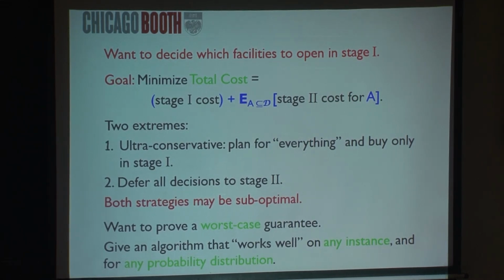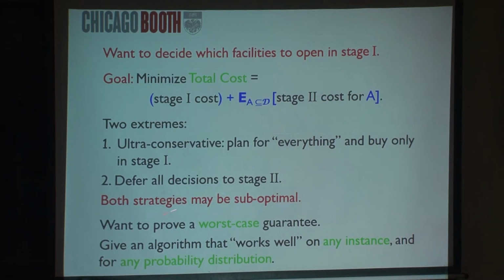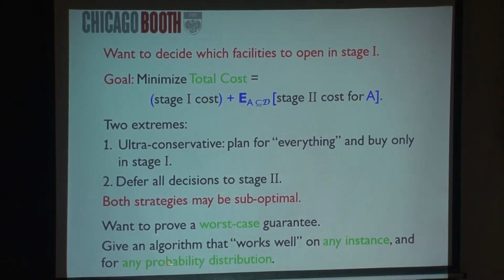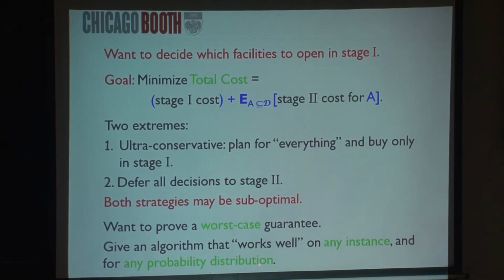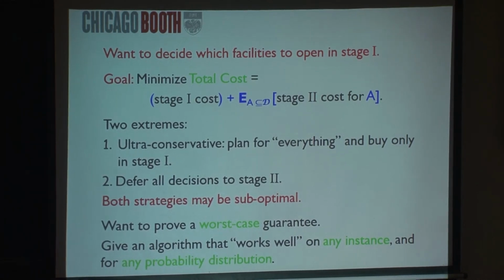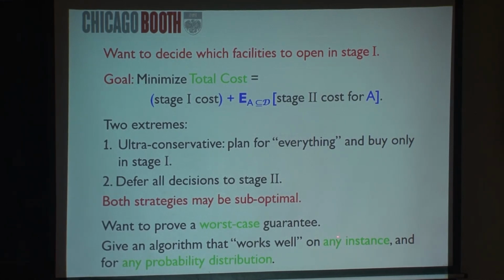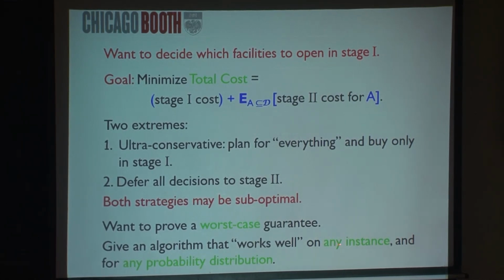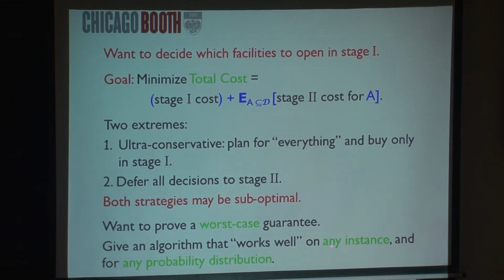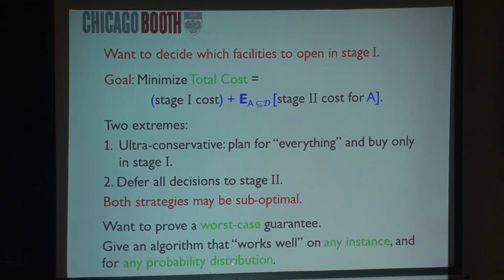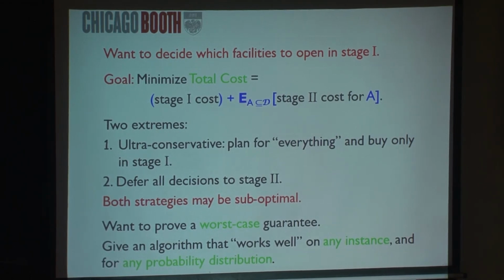What we want is an algorithm that will work well on any instance of this problem, and for any probability distribution. In other words, I could have any kind of facility costs, any kind of costs to serve the clients, and any kind of distribution over where the clients might be.